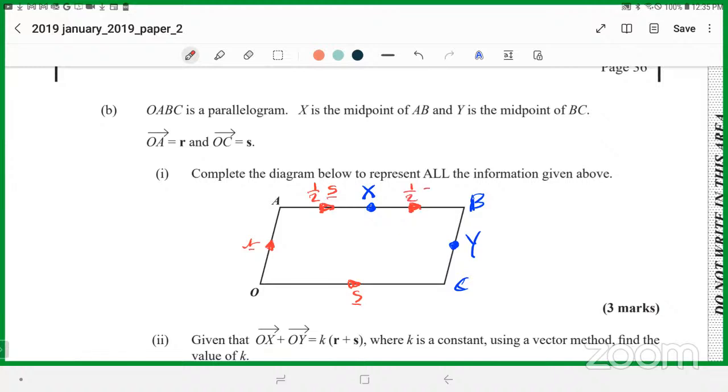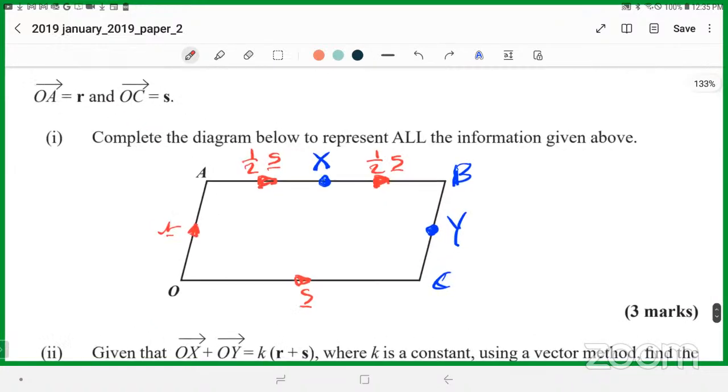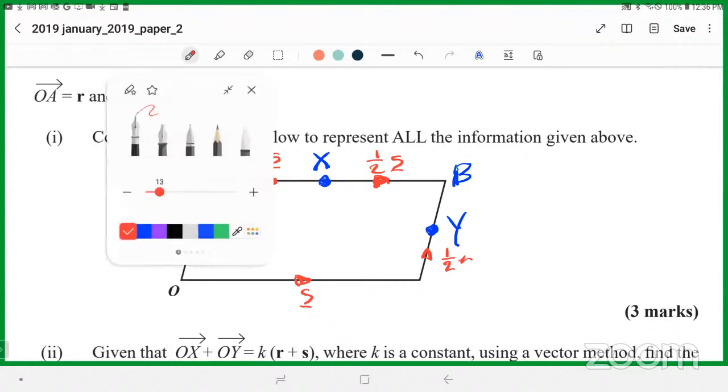All right, so this vector is r, then this vector is also r, and this is the midpoint. So tell me now, what is the vector from C to Y? Half r. I'm filling out the diagram so that I have all the information I need on it, so I can see how I go from point to point. That's why I'm doing this.